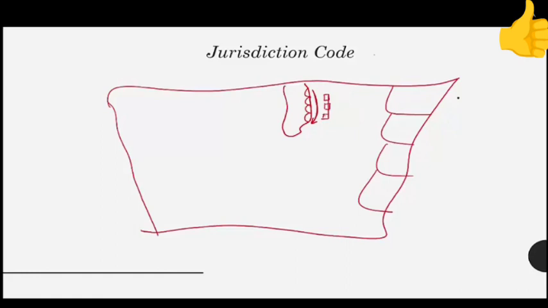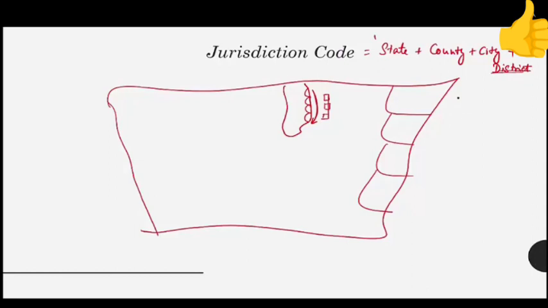And the jurisdiction code basically is a combination of state plus county plus city plus district. So district is not used for the most part. It's mostly state, county and city.